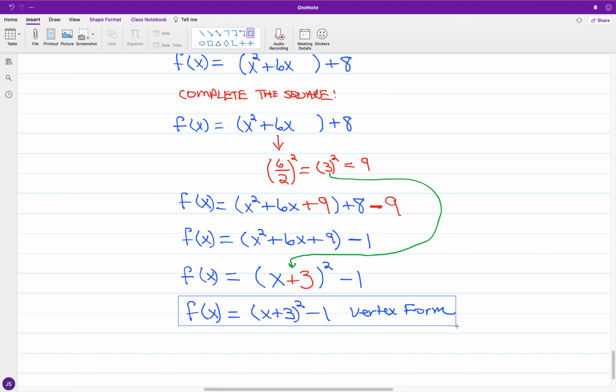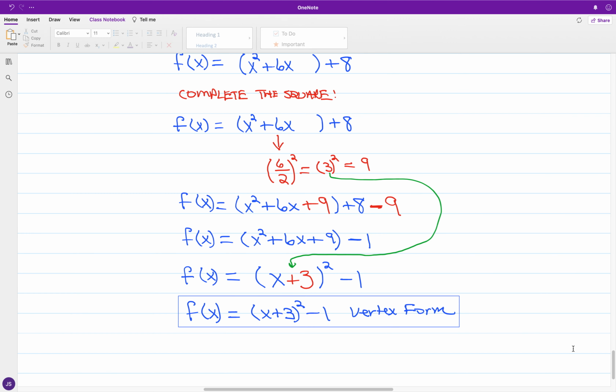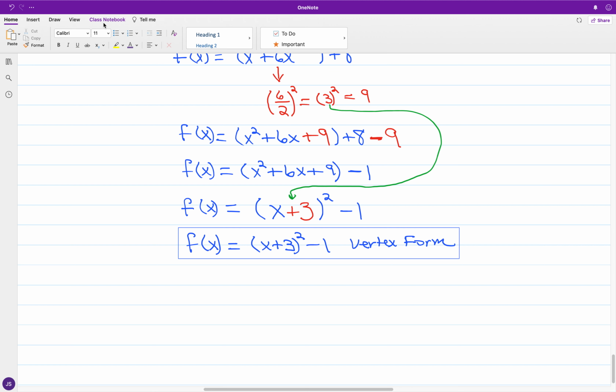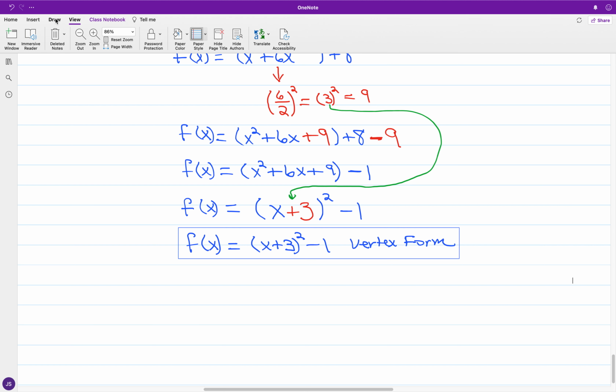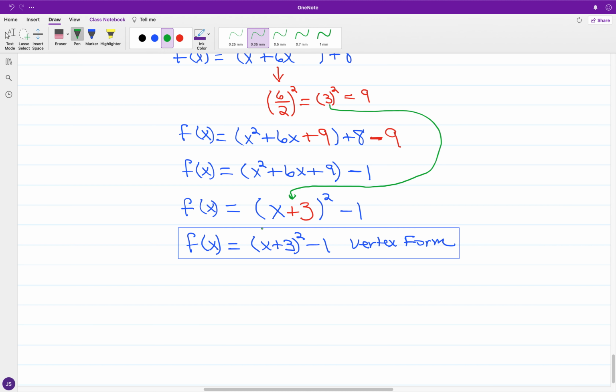And just in terms of identifying the vertex itself. Again, we have nothing explicitly in front of the parentheses, so your a is equal to 1. And in identifying h, if we set the binomial x plus 3 equal to 0, we have x is equal to negative 3.